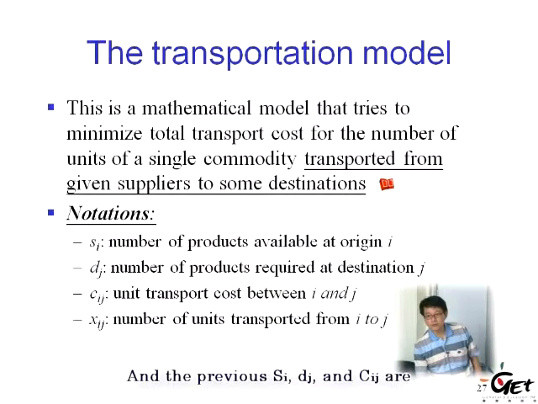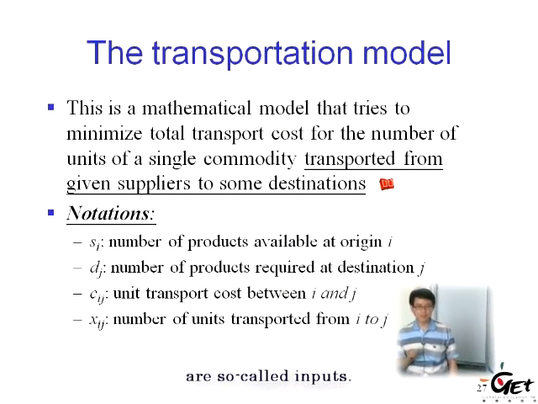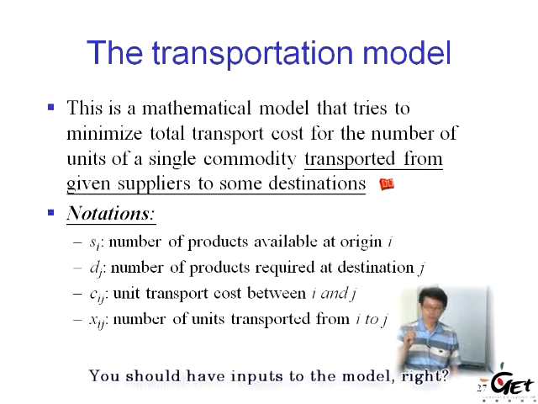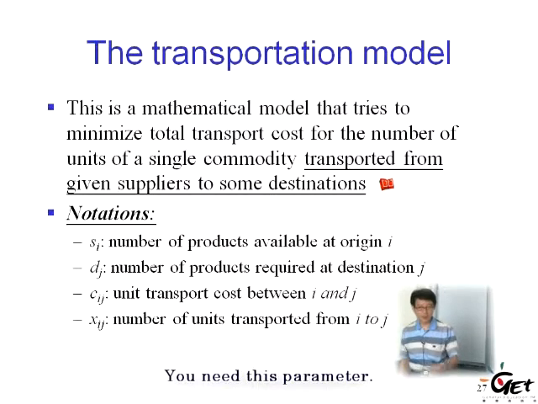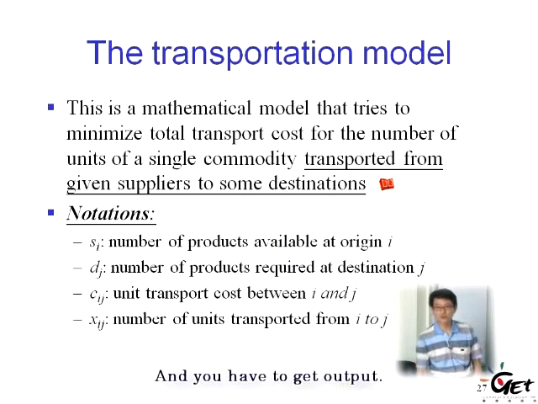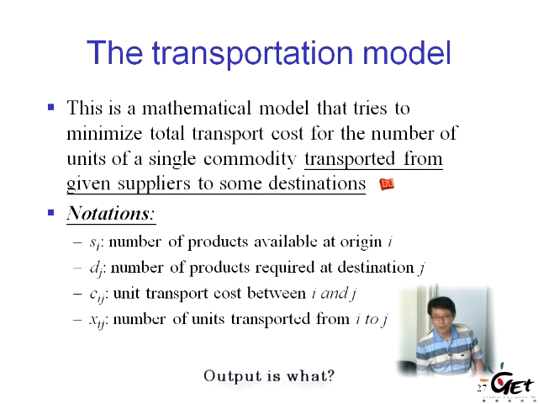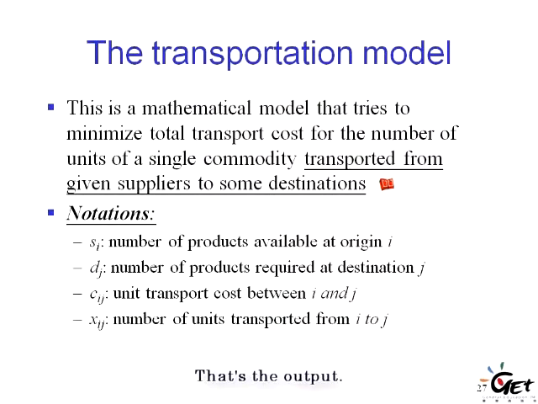The previous three, S sub i, D sub j and C sub ij, are so-called parameters, the inputs to the model. And you get the output, which is the variable X sub ij. You put all these parameters into the model and you get the output X sub ij. The answer will guarantee to minimize the total cost.